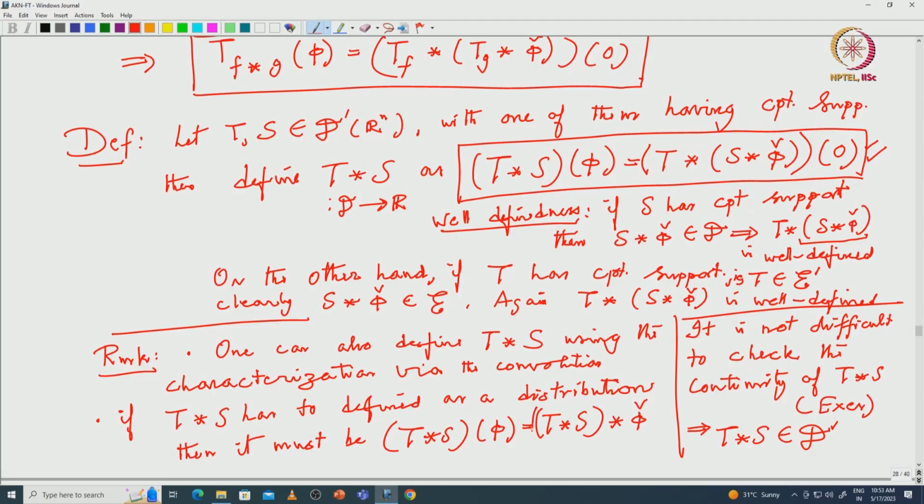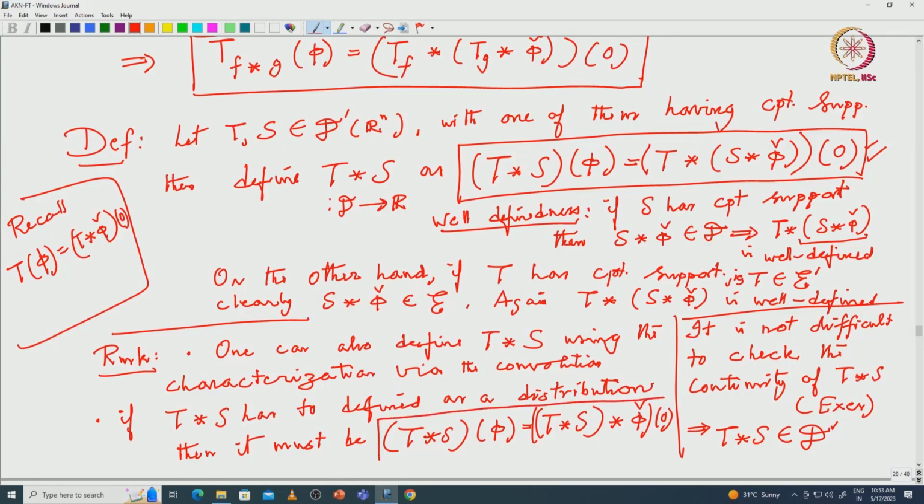Recall that T acting at phi is nothing but T star of features acting at 0. So, T star of S must satisfy this.